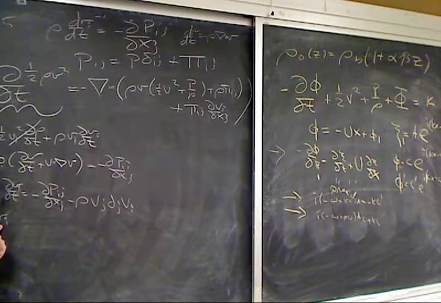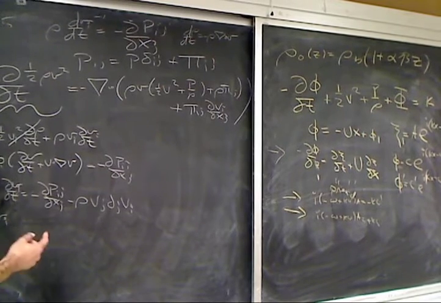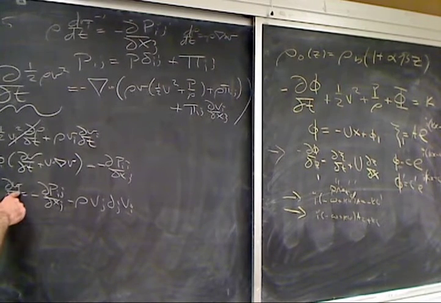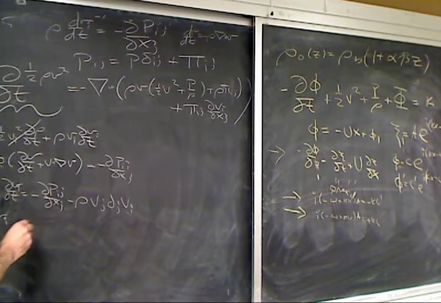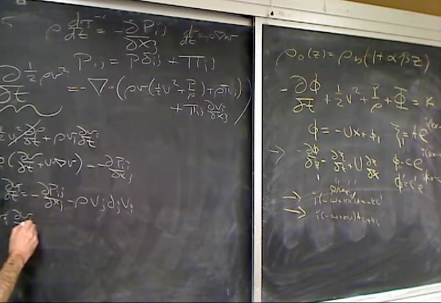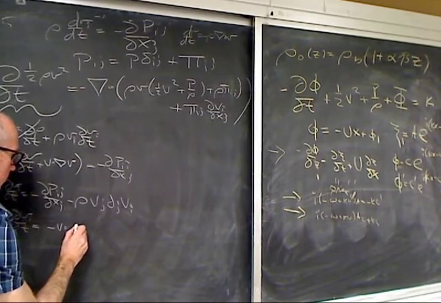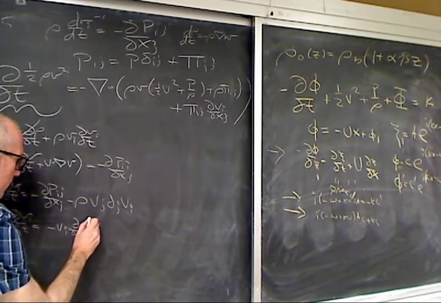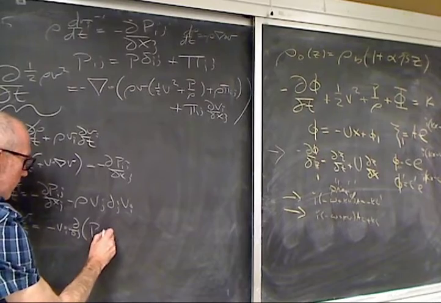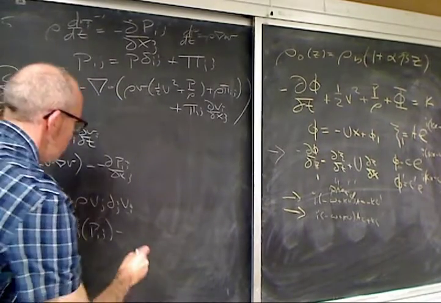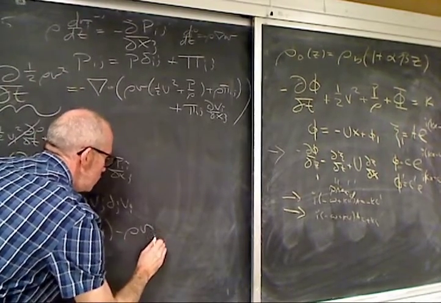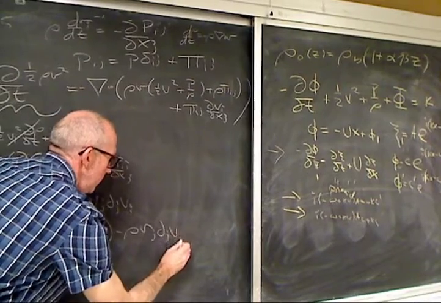This is because I'm dotting. This is vi now. The dot product means that I'm going to add another vi. My vector index is vi, so rho vi dvi dt equals minus vi d by dj of pij minus rho vj dj vi.